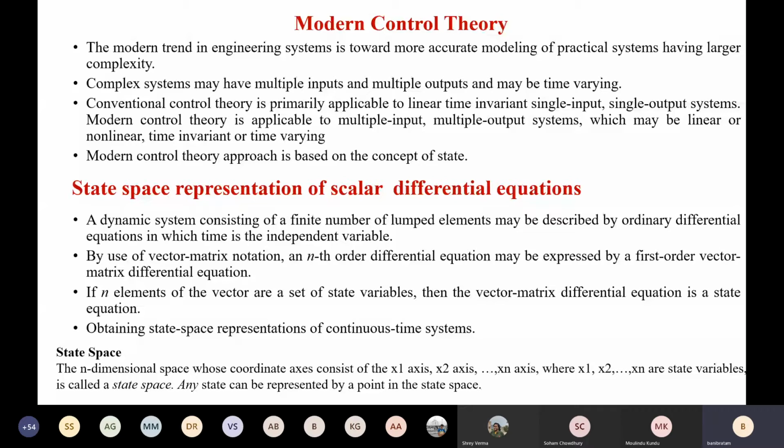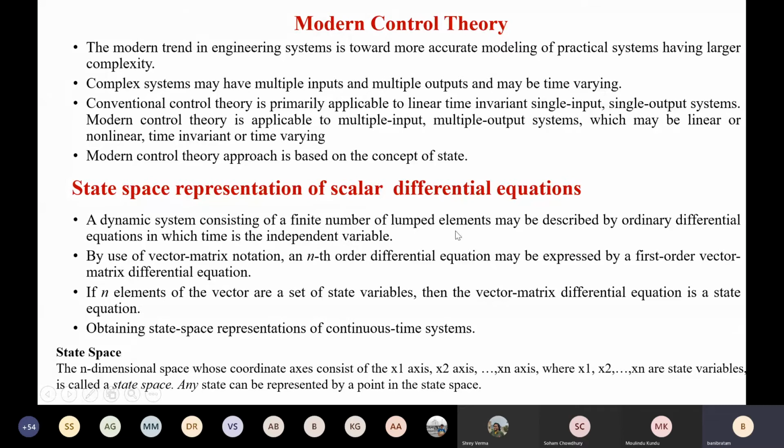Mainly first order and second order we have analyzed in detail, but there can be higher order as well. There the order of the differential equation can increase from order 1, 2, 3 up to n. Now, a dynamic system consisting of a finite number of lumped elements can be described by ordinary differential equations.